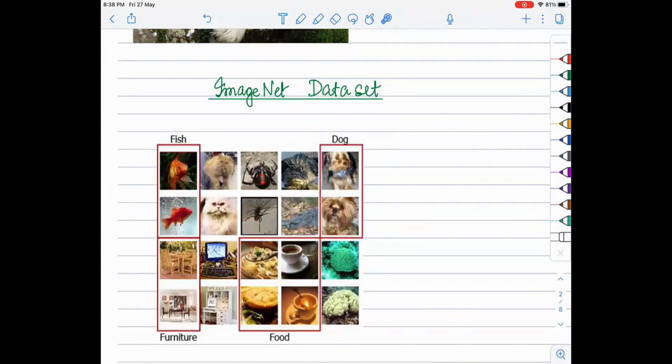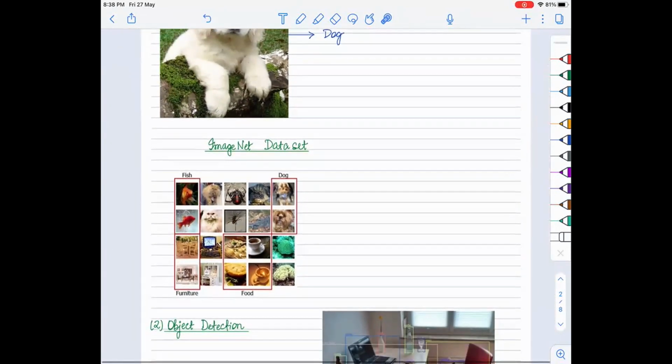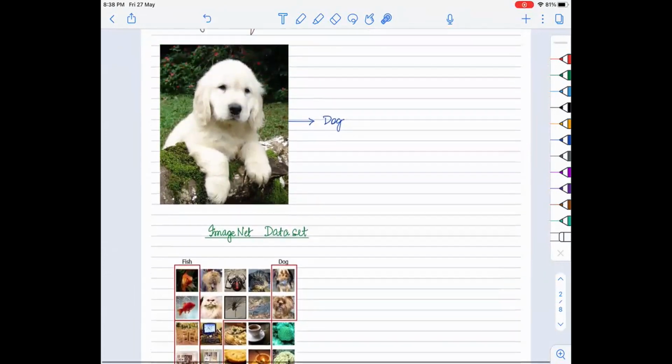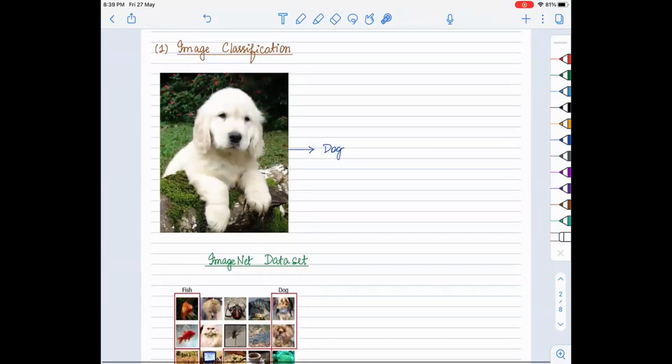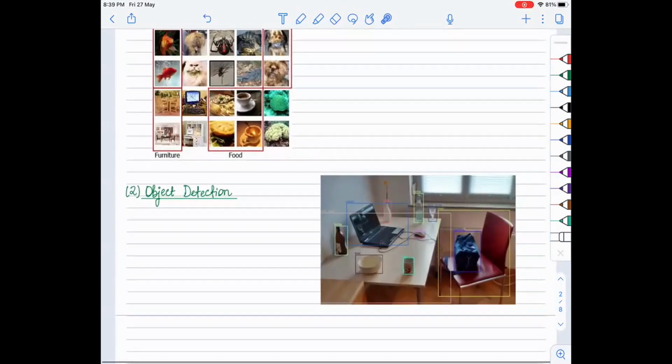Your model had to learn to make predictions into one of these 1,000 different categories. That was the objective of this image data set. So this is the image classification task, but you also have some other problems.